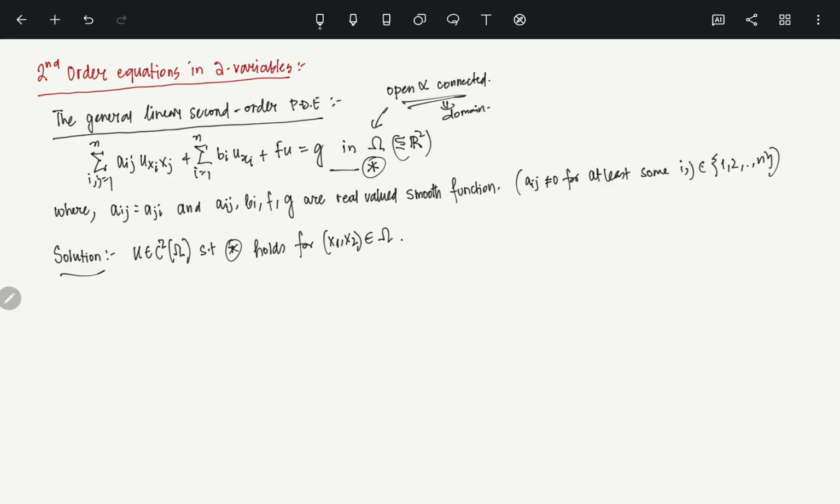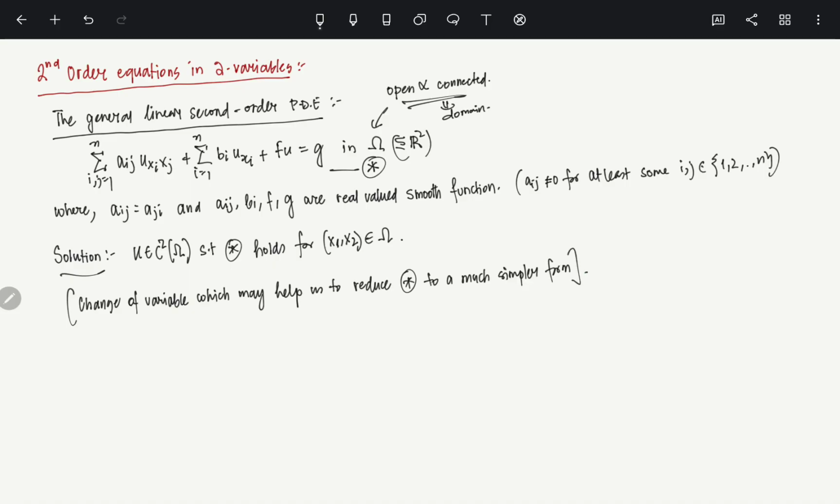What I'm trying to say is there will be a change of variable, which may help us, not may, it should help us, actually help us to reduce star to a much simpler, different form.